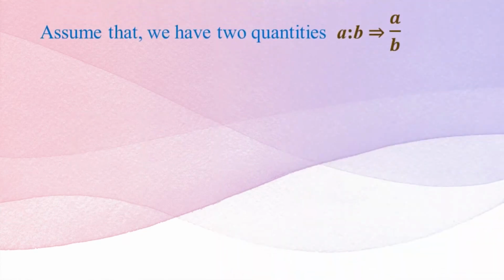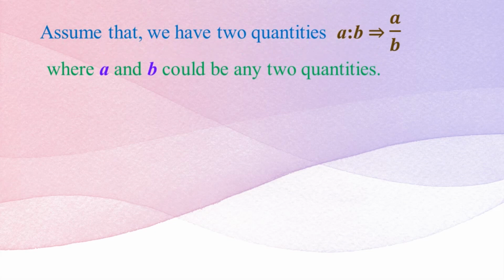Assume that we have two quantities, A is to B. We can write it in fraction form, that is A divided by B, where A and B would be any two quantities. In A is to B, A is the first term and B is the second term.